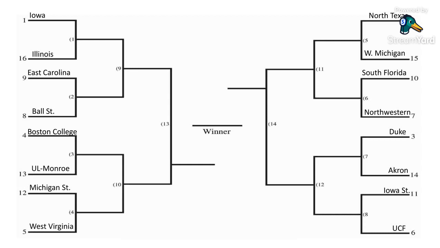The sites for these games, so number 1, number 9, number 4, number 5, number 2, number 7, 3, and 6 will host the first round, and then the second round, which is the winner of 1 and 16, 9 and 8, and then the winner of 4 and 13 versus either 12 or 5, versus 2 versus 15, or 10 versus 7, and then 3 versus 14, and 11 versus 6.